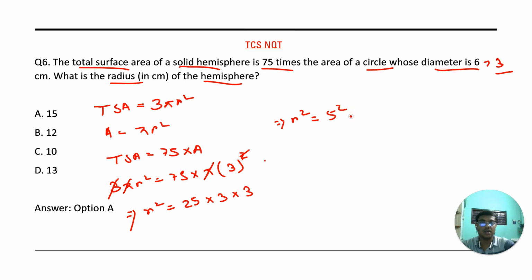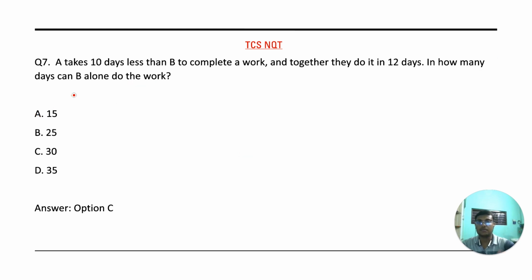So we can write r square as, we know that 25 is equal to 5 square into 3 square. So we have r equal to 5 into 3, and that is equal to 15. So the radius of the hemisphere is 15 centimeter, which is option A. Hope you all got it. Let's move on to question 7.